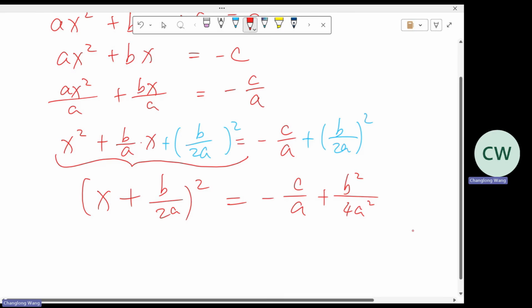So the question becomes, do you know how to add or subtract rational expressions? Well, do you remember how you did that? I'll give you a simple example. How did you add 1/2 and 1/3?